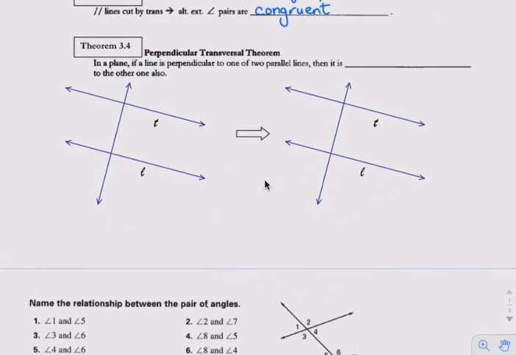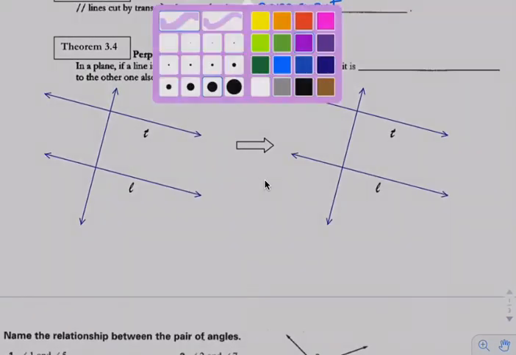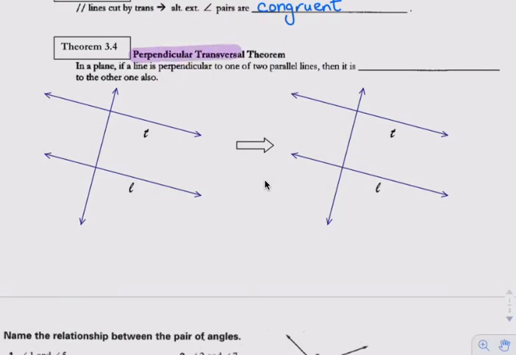Okay, and then one additional theorem. This one I will allow you to call by name. This is called the perpendicular transversal theorem. And it says, in a plane, and it's important that you pay attention to in a plane because it's actually not true if it's not in a plane. So this is saying in 2 dimensions.